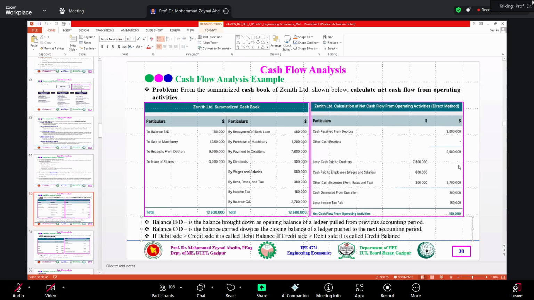Inflow is greater than the outflow. So inflow minus outflow is the net cash generated from the operation. This total minus that total, a subtraction of this total from that total.